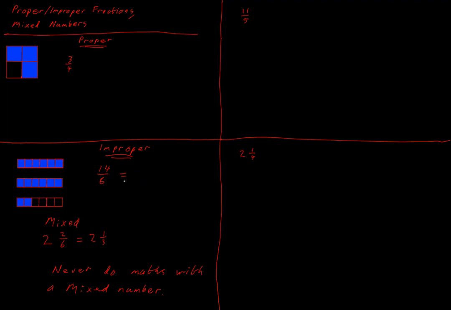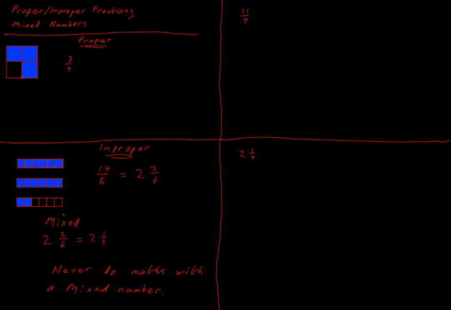Well, that's going to go twice. So in practice, we would say that 6 goes into 14 twice. And how many are left over? Well, 6 goes into 12 twice. So I've used up 12 of my pieces and I'm left with 2/6 over.